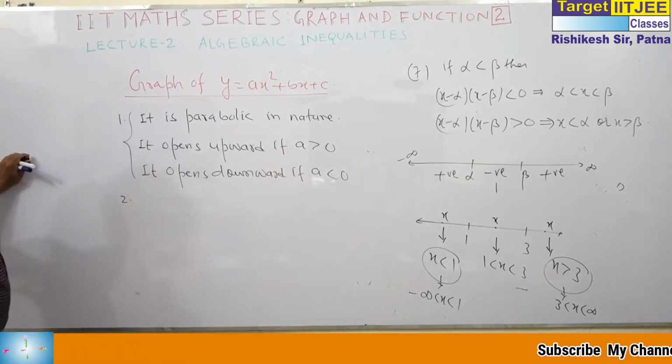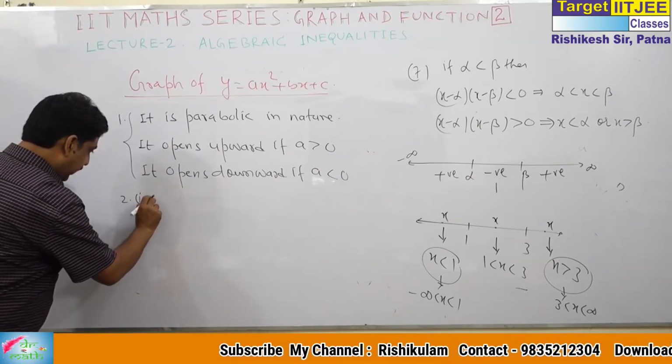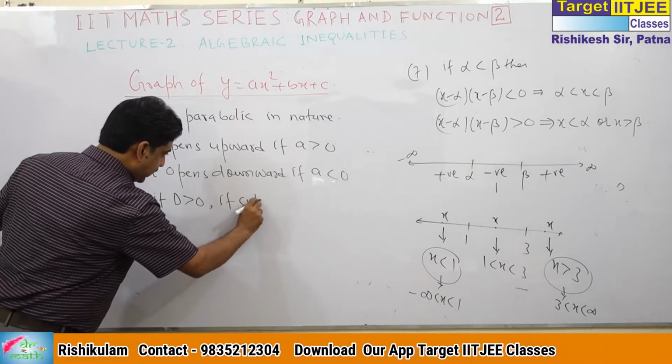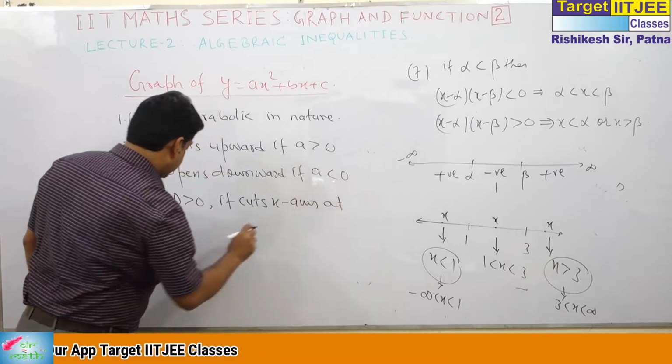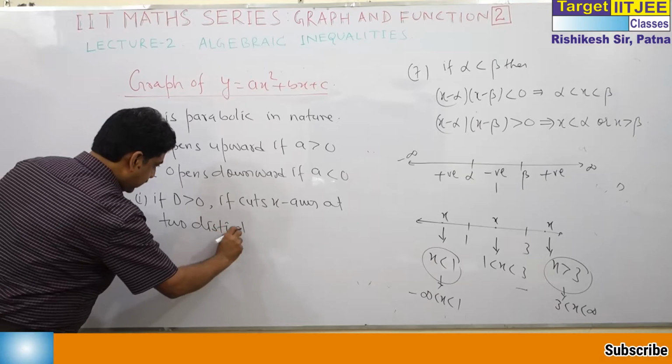Point number 2. If D greater than 0, it cuts the x-axis at two distinct points.